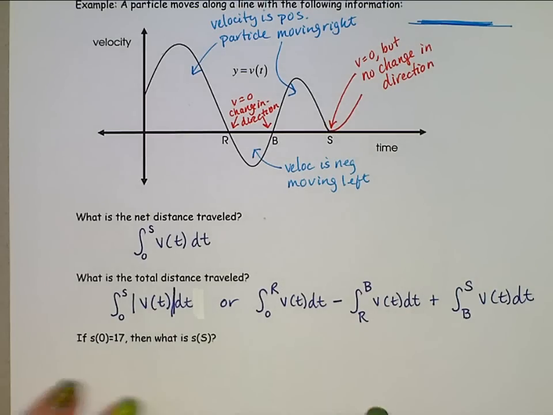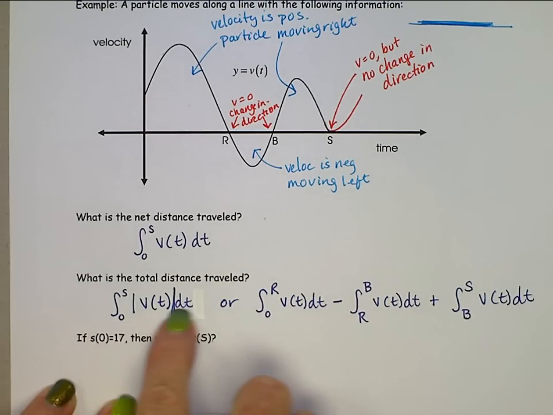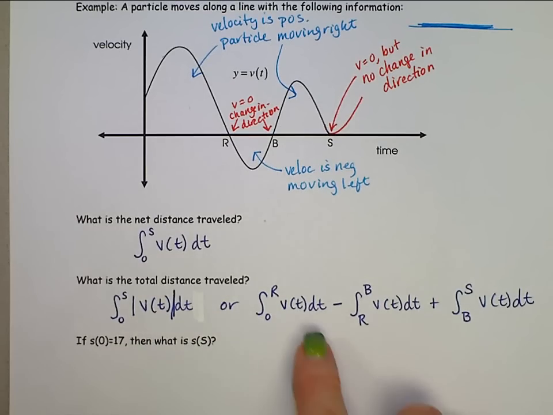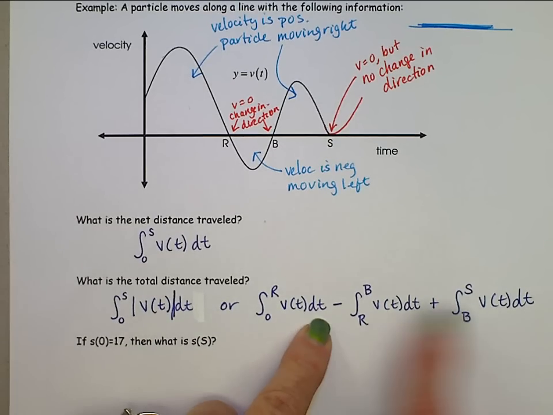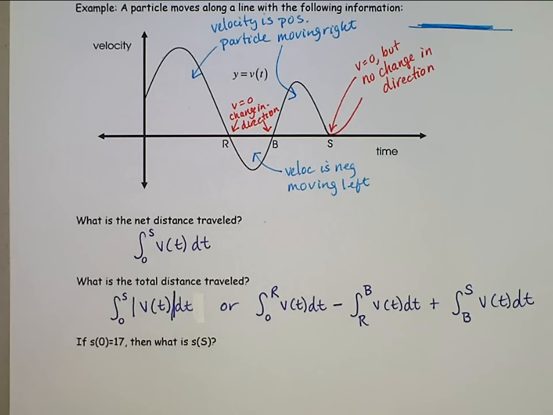If you have a calculator to evaluate a problem, you'll probably go this route. Just type in and do absolute value. If you don't have a calculator, then you are going to have to separate this at those time values.